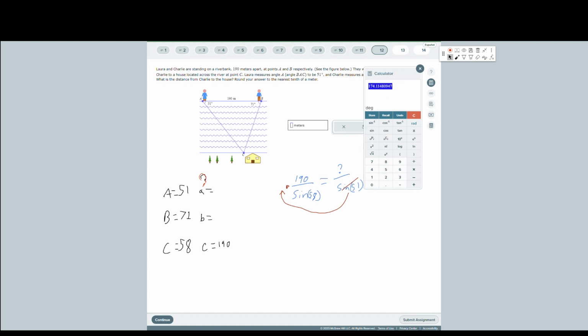So now we just have done this function, which gives me a number of 174.1. And that checks out because we do want it to be smaller than this side length because our angle is smaller. And so this seems like a plausible solution. So 174.1. And that is good there.